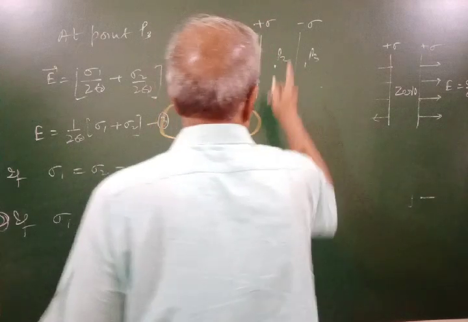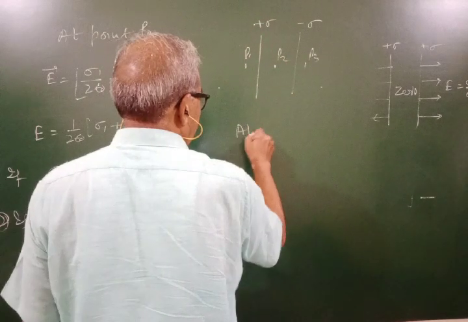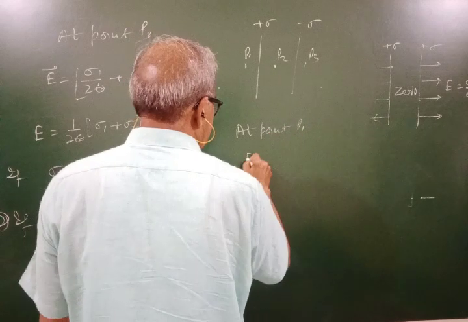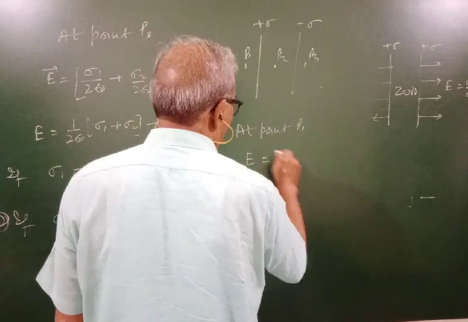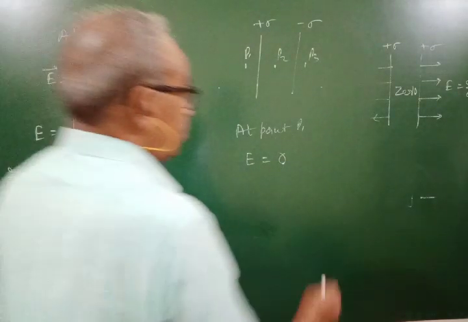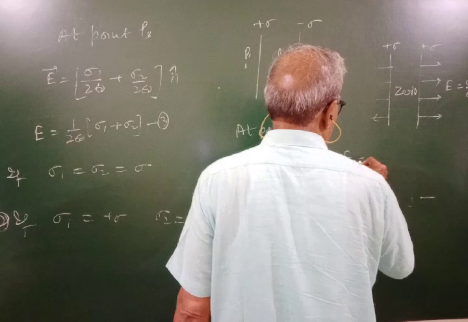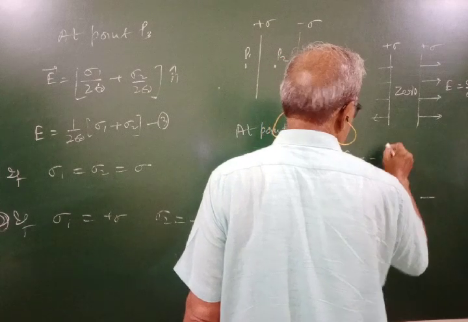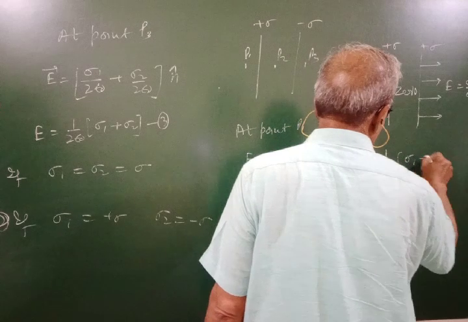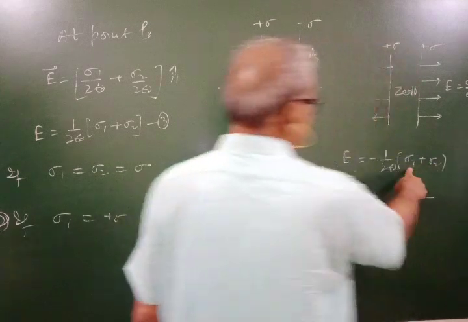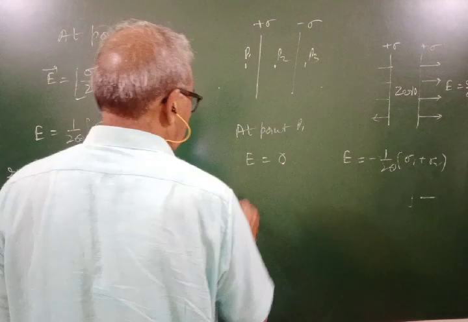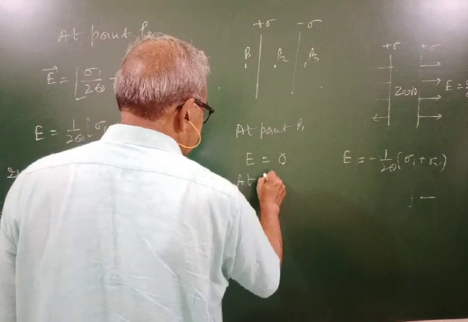In this case, the field at point P1 is equal to 0, because at point P1 the fields are minus sigma by 2 epsilon 0 and plus sigma by 2 epsilon 0, so sigma 1 plus sigma 2 gives sigma and minus sigma, which is 0. Here the field is 0 at P1.